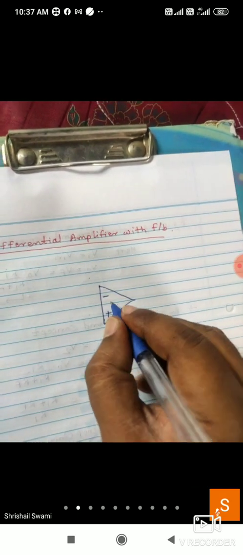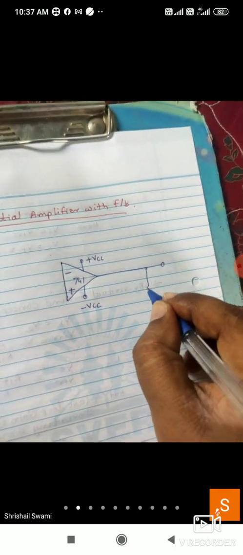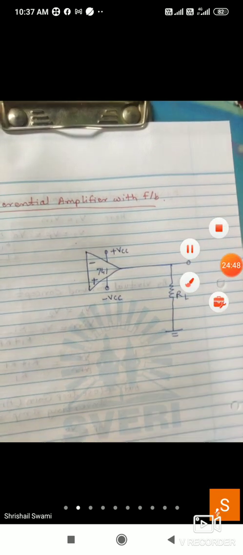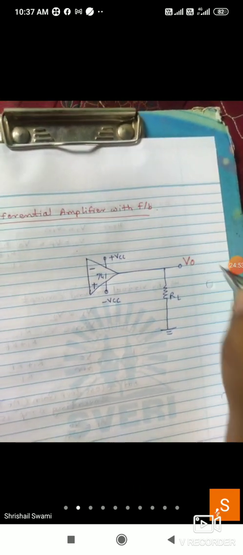The negative terminal is here, and the positive terminal is here. This is 741, with plus VCC and minus VCC as it is. The output we are taking across the load resistance RL, and this output is known as V0.